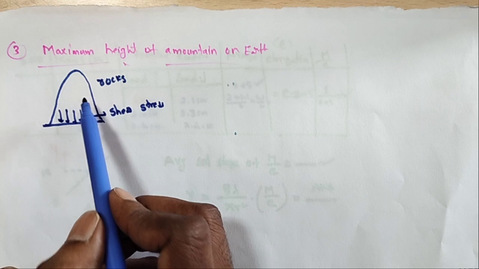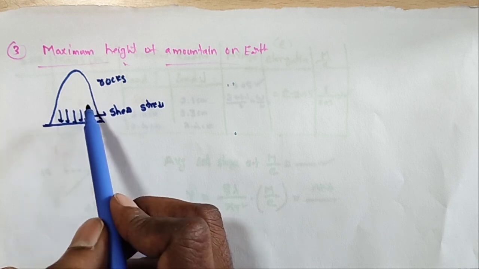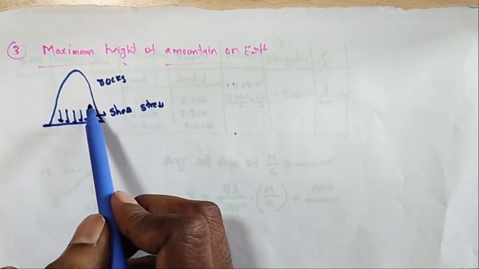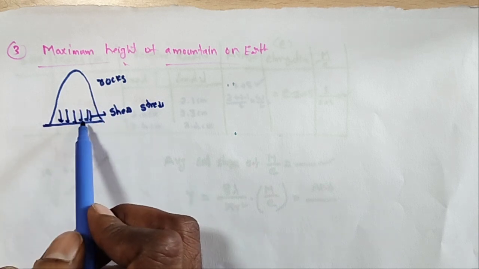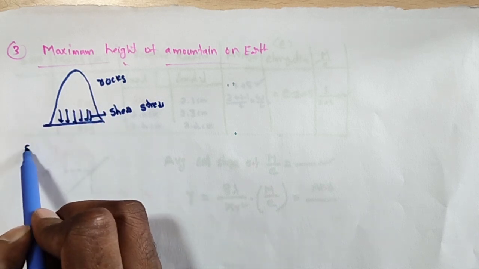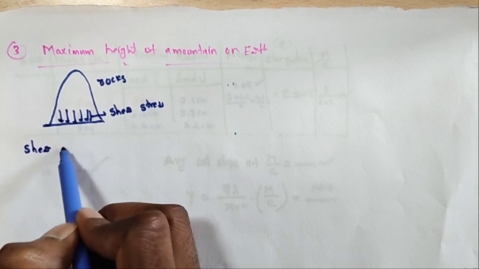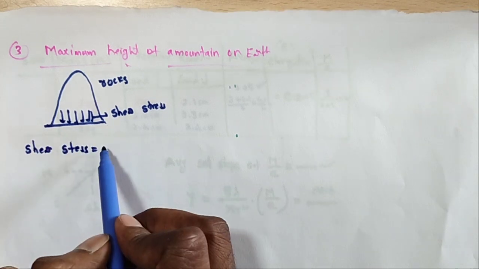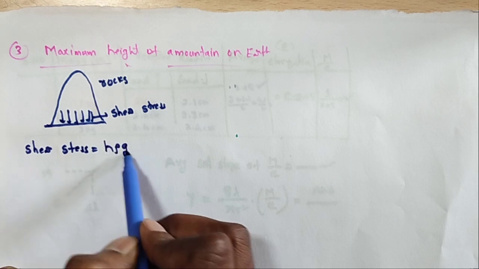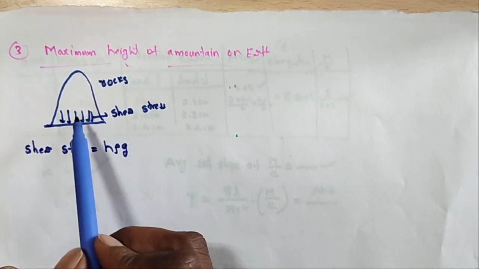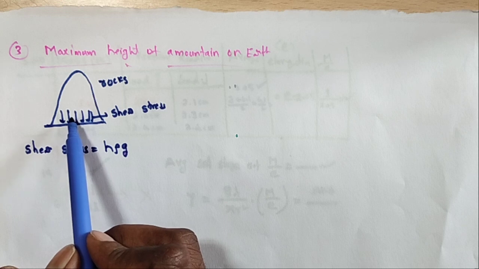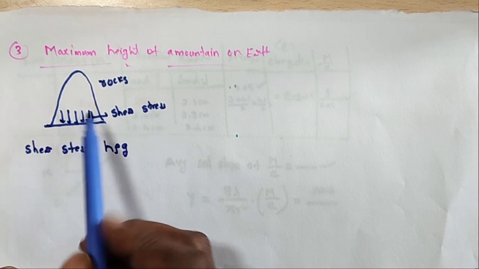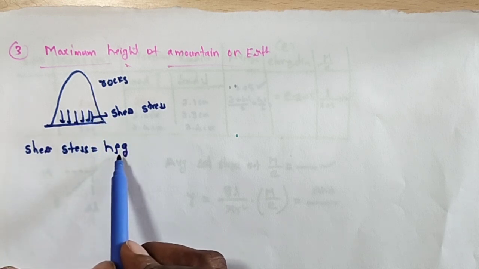So due to that reason, how much is the maximum height of the mountains or rocks, how much stress is acting at the bottom? The shear stress is acting at the bottom, h rho g. I calculate the minimum height. So shear stress is equal to h rho g.